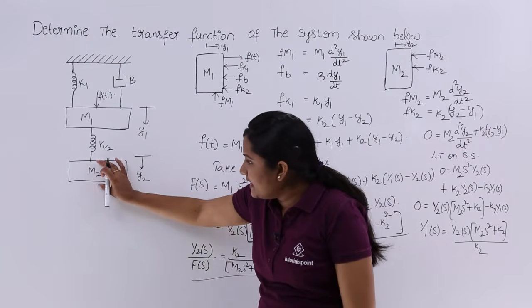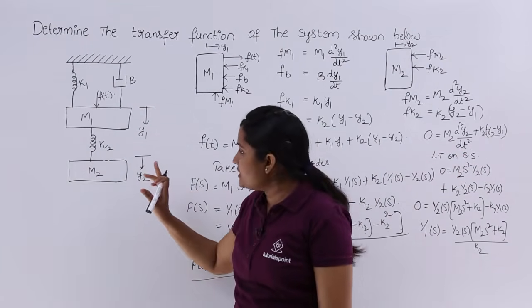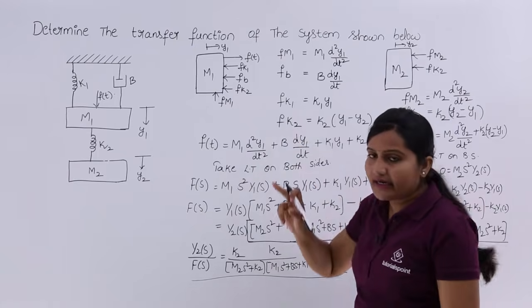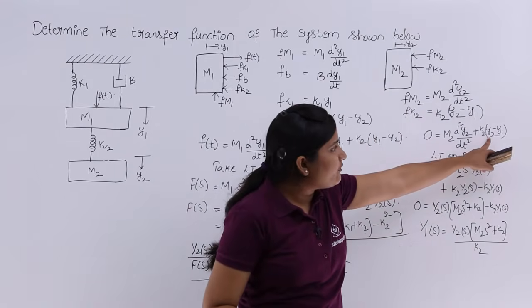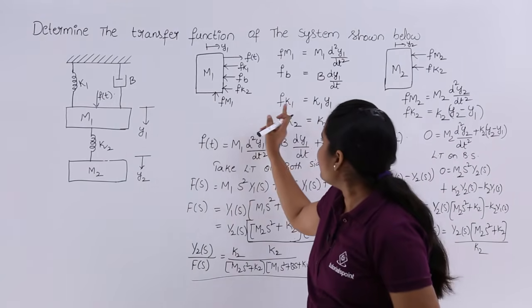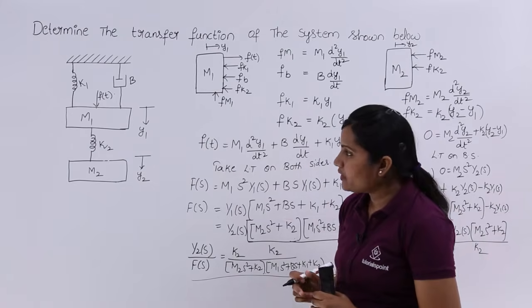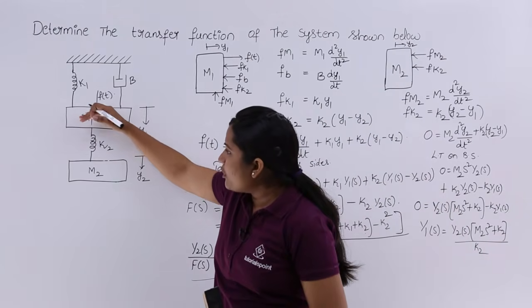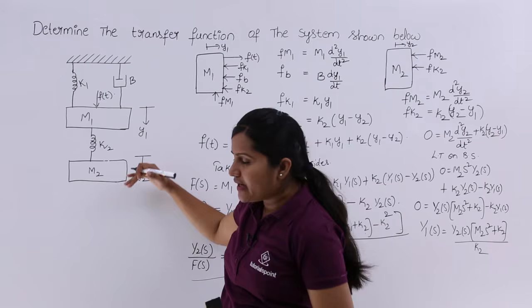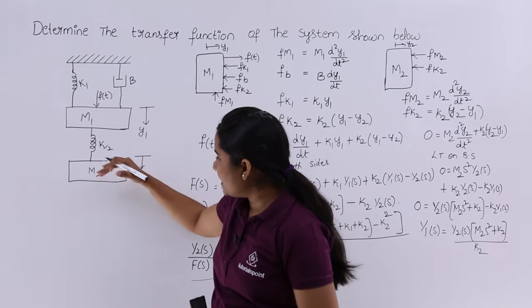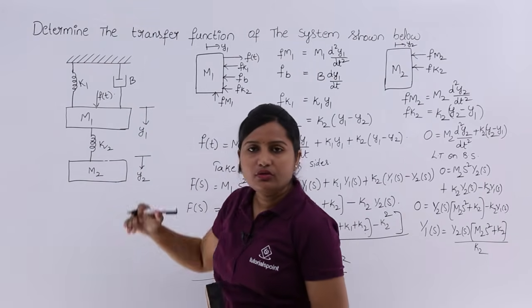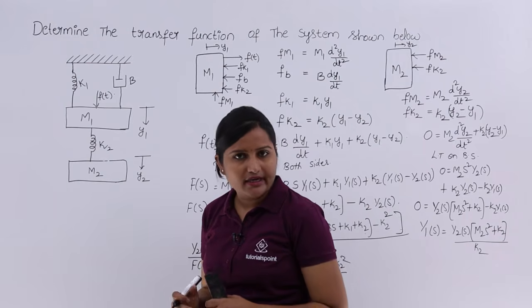Here you can see the difference in writing K2 here and here. Here I wrote y2 minus y1, here I wrote y1 minus y2. For this body, the displacement is from y1 to y2. For this body, the displacement is from y2 to y1. That is why I wrote like that.